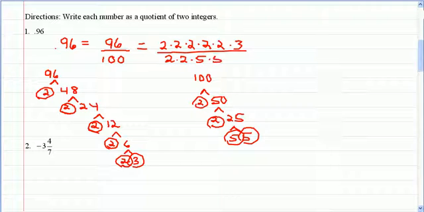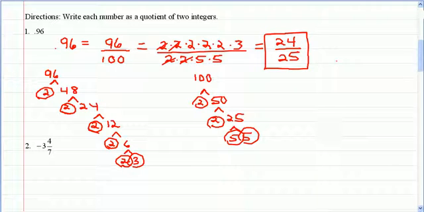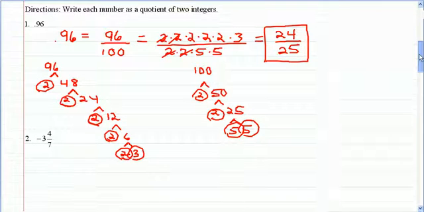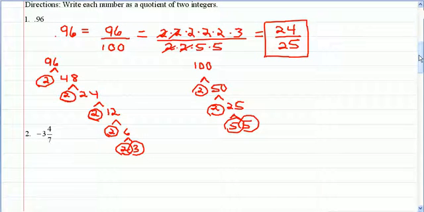And you get two 2's to cancel, and you multiply what's left. 2 times 2 times 2 is 8, times 3 is 24 over 25. So once you write a decimal as a fraction, just make sure that you express the final answer in simplest form. So that's one type of question that you could have.